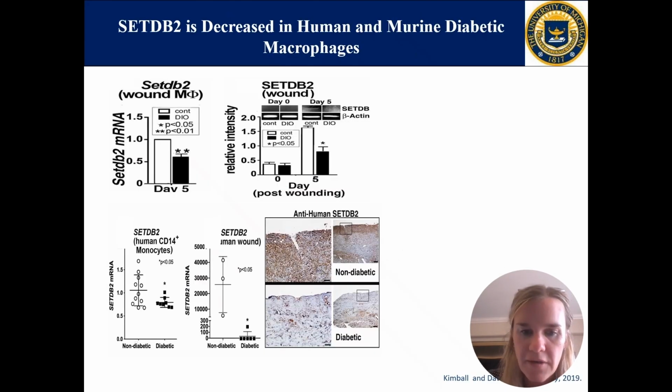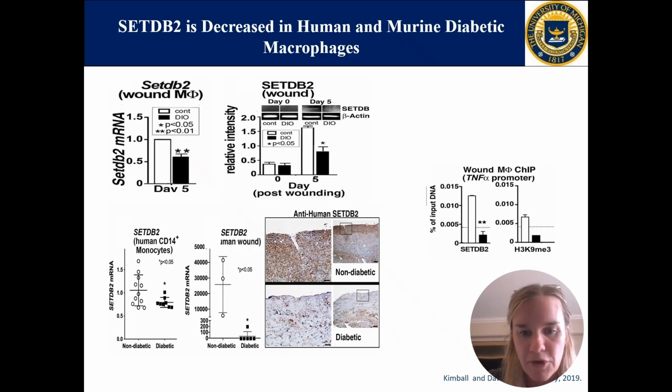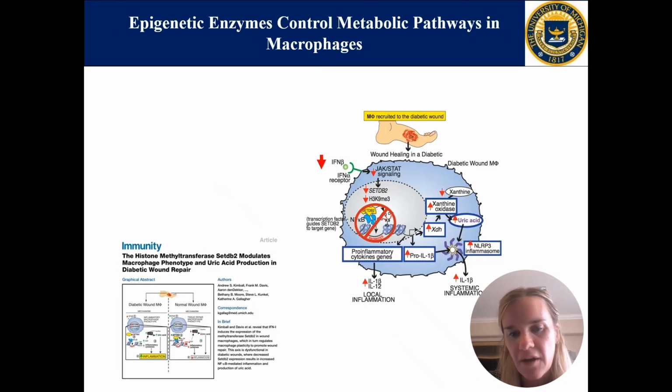What we found is that in the diabetic setting, both murine and human, SETDB2 does not get increased, so you don't get that inflammatory brake, and then you get, unfortunately, dysregulated inflammation from the macrophages. So this was just one look at that. Additionally, and as is true for a lot of these epigenetic enzymes, this also controls xanthine oxidase and uric acid metabolism.